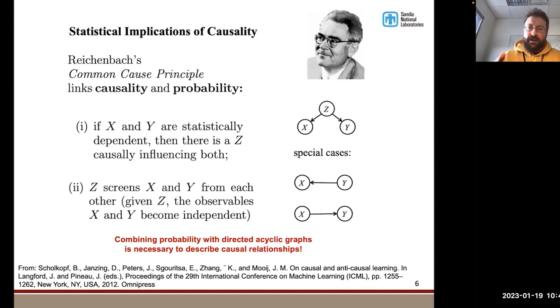So in this case, we have random variables X and Y, and the hypothesis behind the common cause principle, one way to think about it, from Reichenbach, is that if X and Y are statistically dependent, there's a third random variable, like a latent hidden random variable Z, that's causally influencing everything.